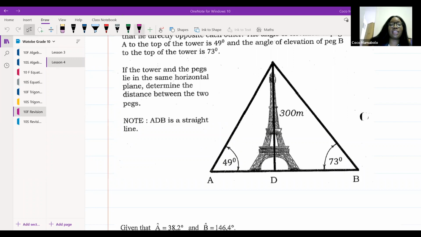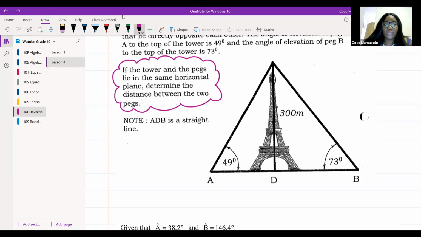I'll give you guys a hint. The clue for what they want from us is in this part over here. Anybody got any idea? Good, Samokelo, yes, we're looking for distance. Good, the distance between the pegs.